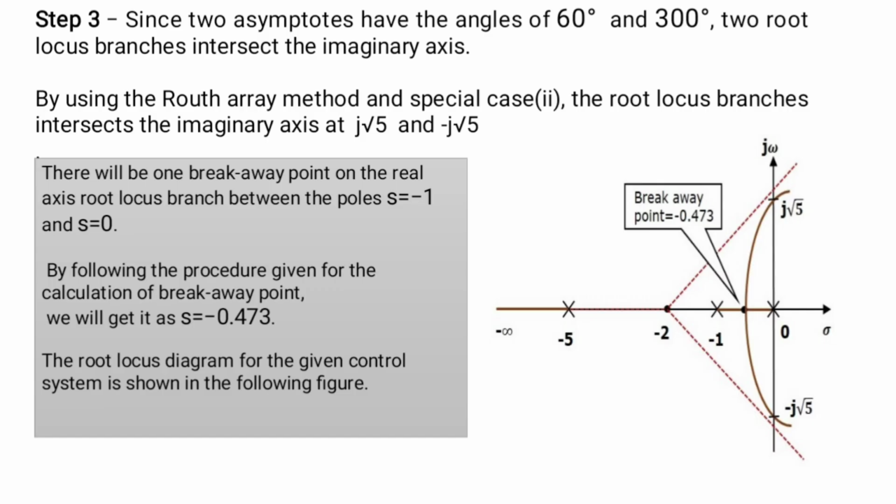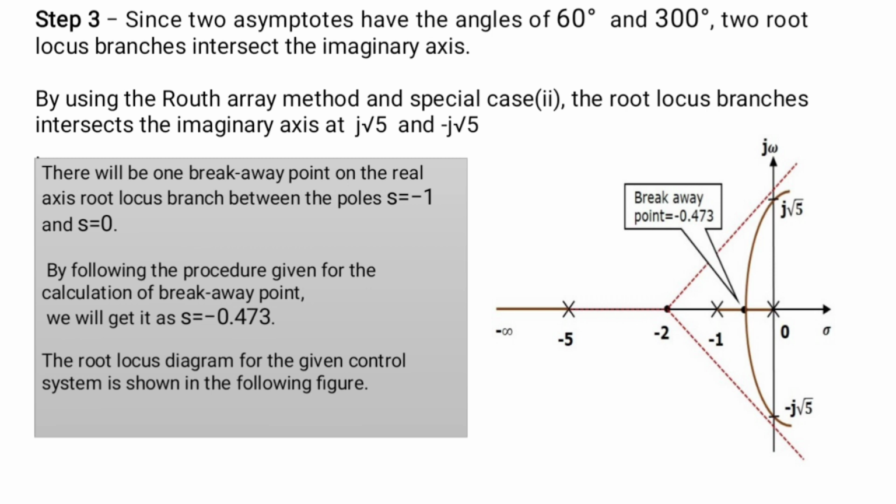Then step 3. Since two asymptotes have the angles 60 degrees and 300 degrees, two root locus branches intersect the imaginary axis, that is, one at minus j root 5 and another at plus j root 5.